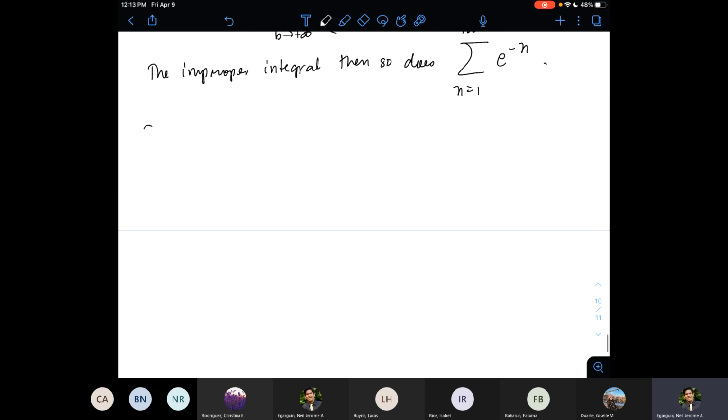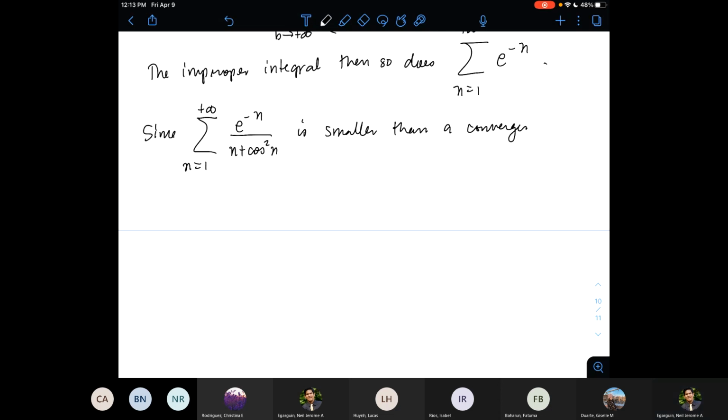And since our original series, e to the minus n over n plus cosine squared n, as n goes from 1 to infinity, is smaller than a convergent series, by the DCT, or the direct comparison test, this converges.